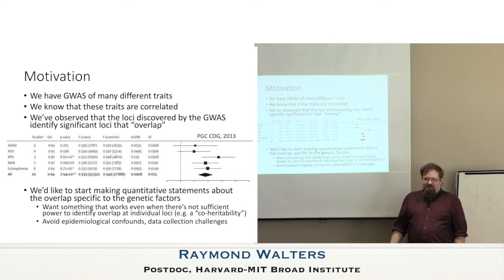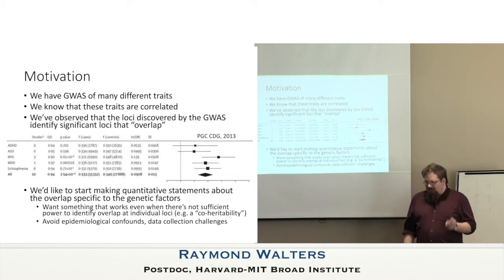And also, a point that came up earlier in the week, I think during Paige's talk, in some cases being able to do this comparison with the genetic information will get us around some degree of epidemiological confounds, or just the inability to look at a pair of phenotypes easily at the same time due to the difficulty of data collection that captures both phenotypes in the same individuals at the same time.